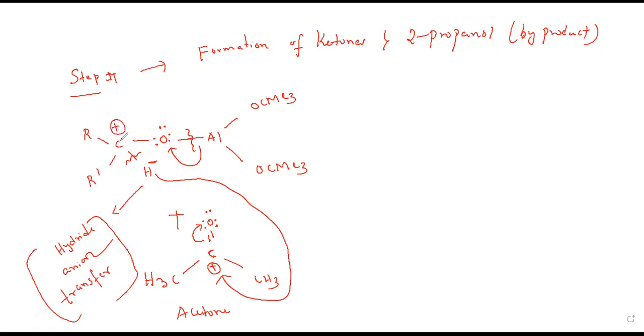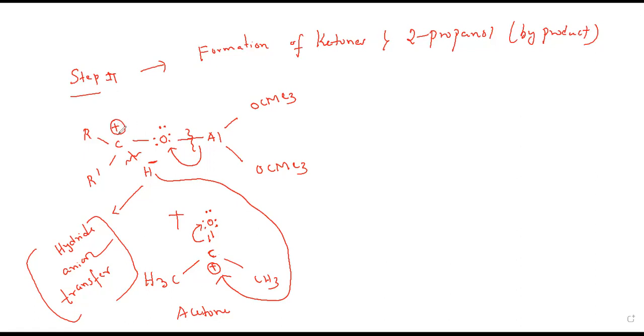Carbon will get a positive charge. How did carbon get a positive charge? Because when you break the bond, this hydrogen immediately takes away the electrons and donates them to this carbocation. Therefore, this hydride anion can form a new bond with the carbon atom. That's the reason this carbon has got a positive charge.